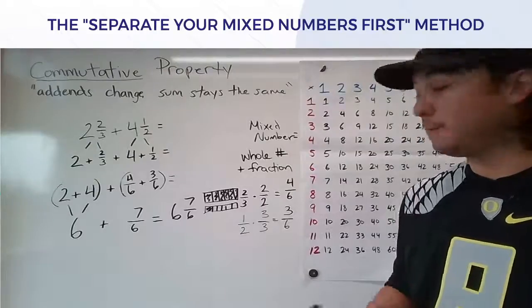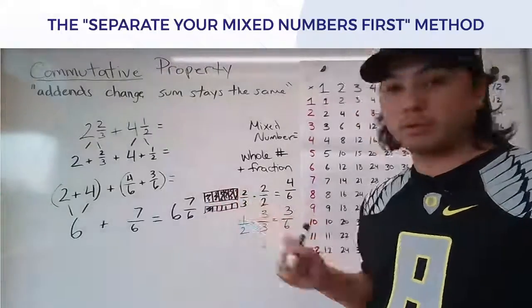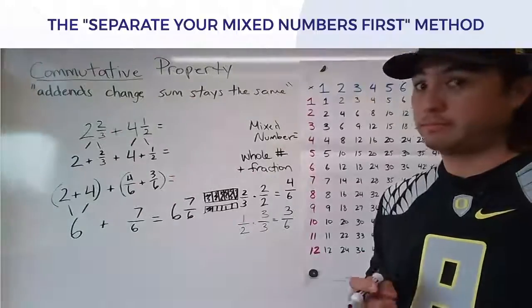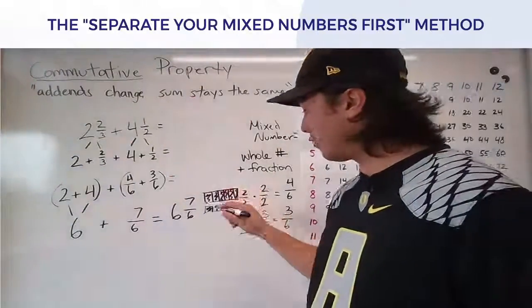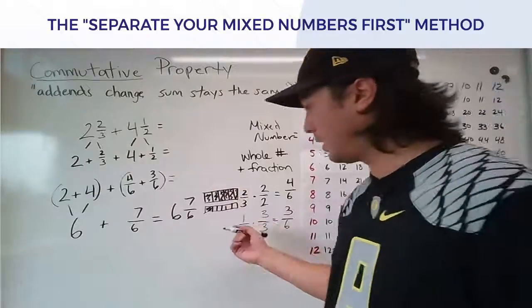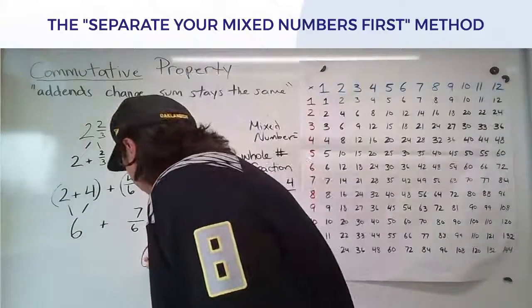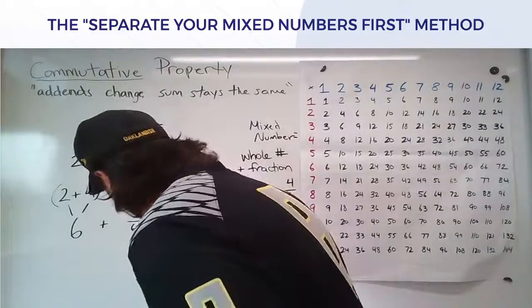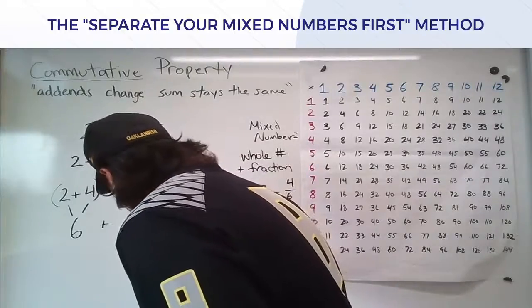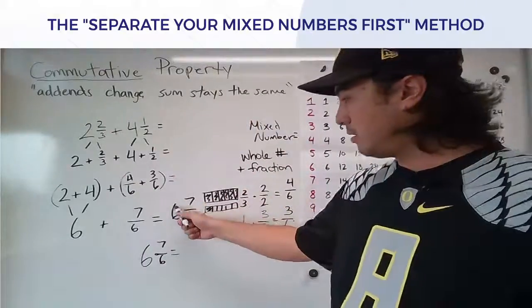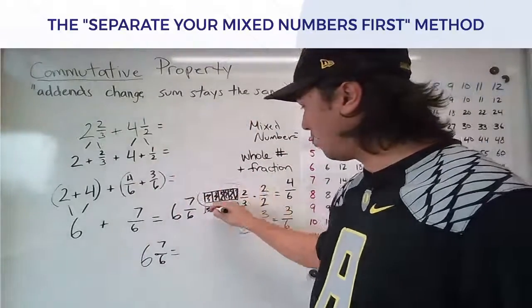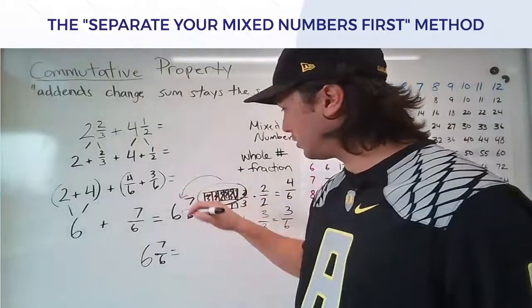So what we want to do, if we can make another whole number, or in the case of some fractions, lots of whole numbers, if we can make another whole number, we want to do it. Okay? So our 6 and 7 sixths, oops, our 6 and 7/6, we're going to add this whole number to the rest of our whole numbers.